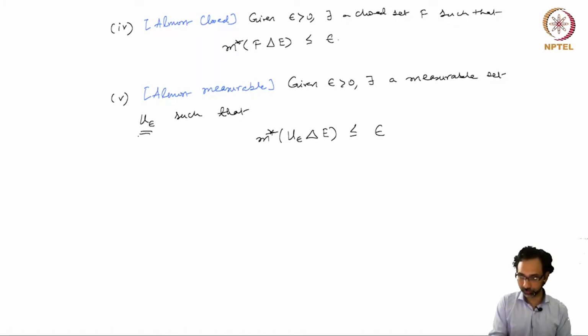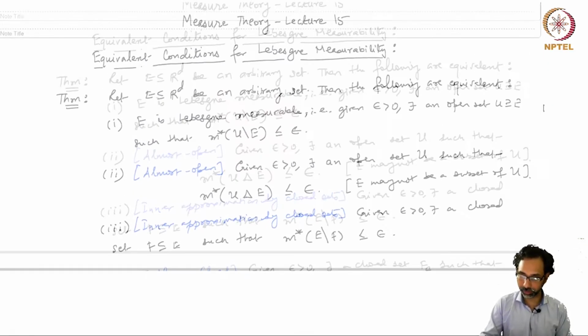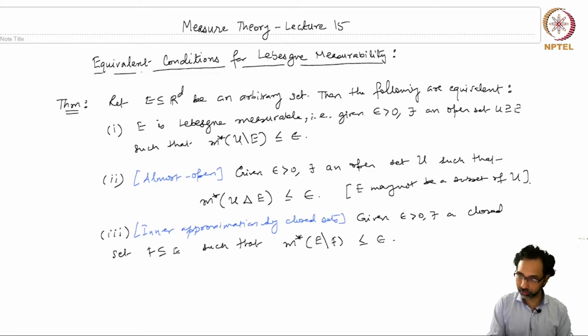Here all these sets, this set and the closed set in the last condition, all of them depend on epsilon. So let me put an epsilon everywhere: U epsilon, U epsilon, U epsilon, F epsilon.